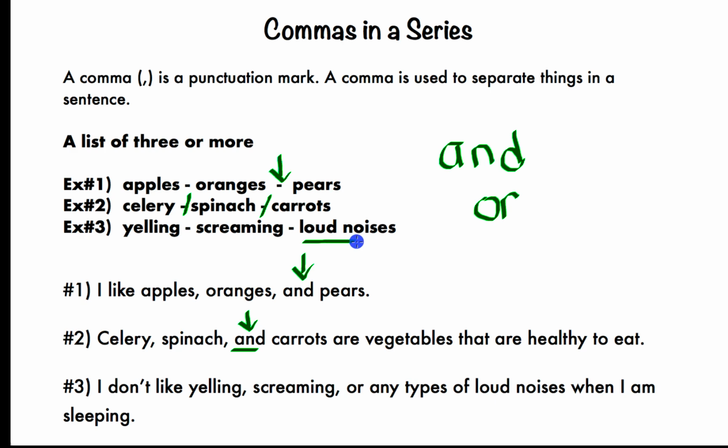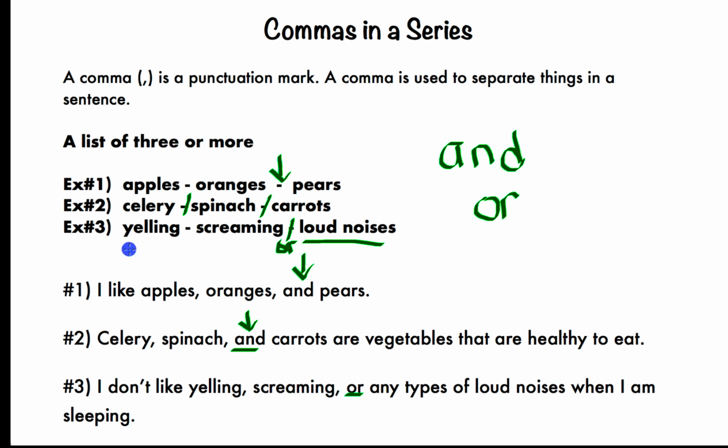Well, loud noises is the last thing on my list, so I am going to use or right here. So when I write my complete sentence for number 3: I don't like yelling, comma, screaming, comma, or any types of loud noises when I am sleeping, period.